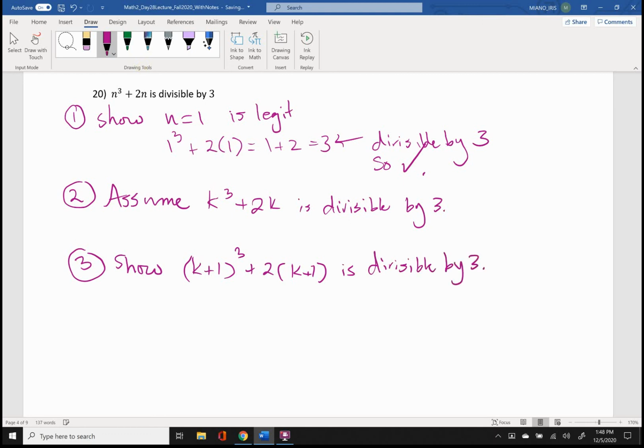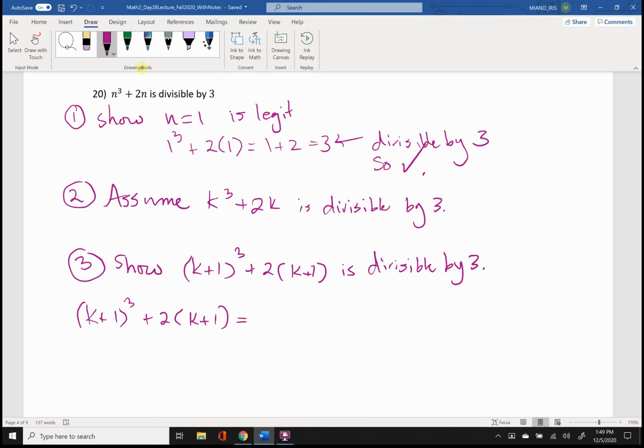So in order to show this, we're going to want to expand this expression right here, okay? So what does this look like? Well, k plus 1 quantity cubed plus 2 times k plus 1 looks like this. Now this one, we're actually going to get into what the pattern is associated with expanding it in the binomial theorem, so stay tuned for that.